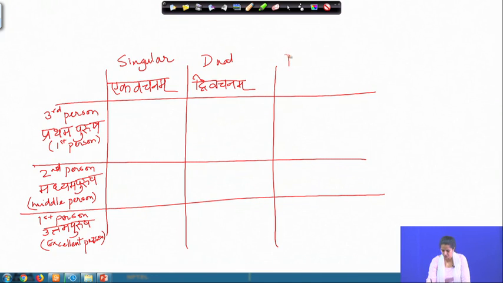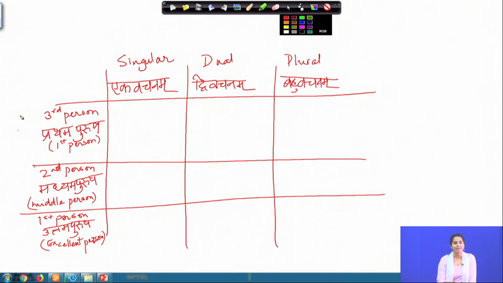And then you have the plural, which is the Bahuvachanam. I hope you can figure out my writing. It's not exactly very neat here. So ekavachanam is the singular, dvivachanam is the dual form, and bahuvachanam is the plural form.